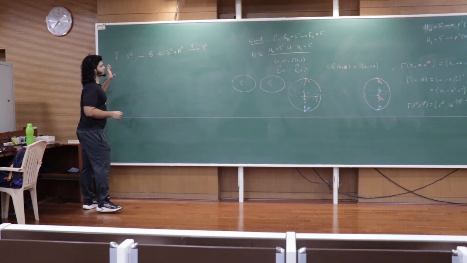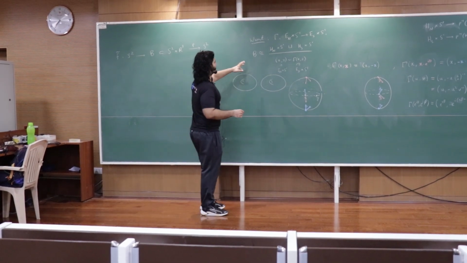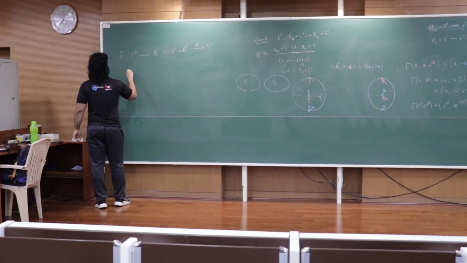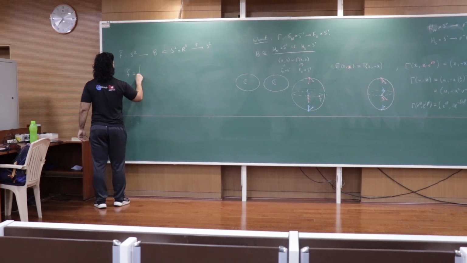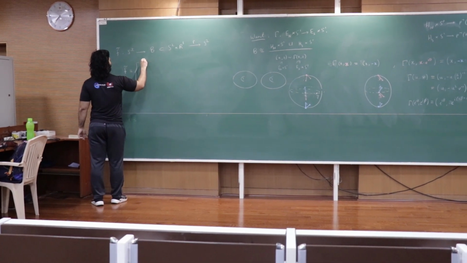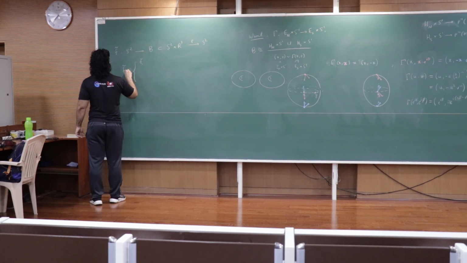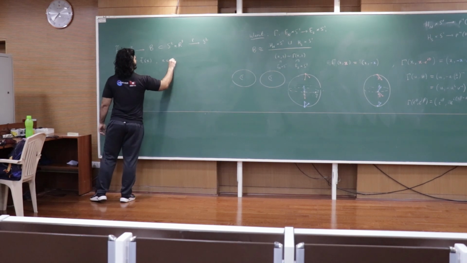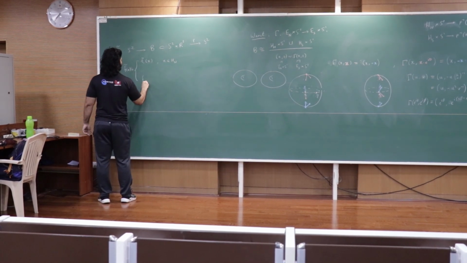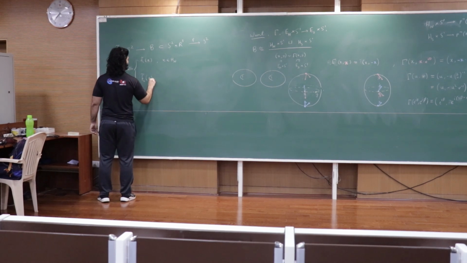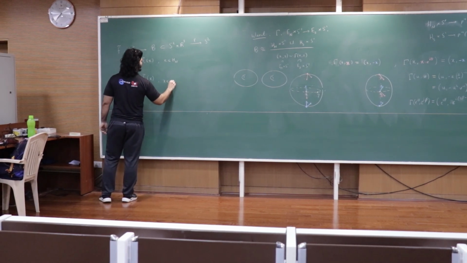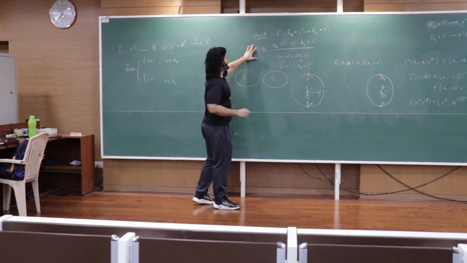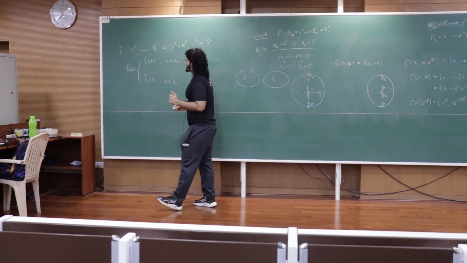Since I have this nice identification of B with this kind of a space, I can say f tilde is equal to f1 tilde for x in Hn and f2 tilde for x in Hs. So I'm identifying B with this and I'm defining f in this piecewise way.